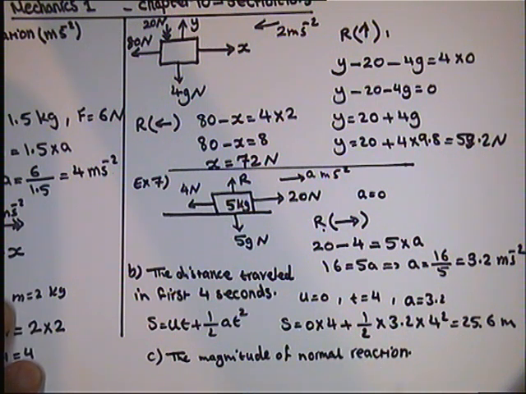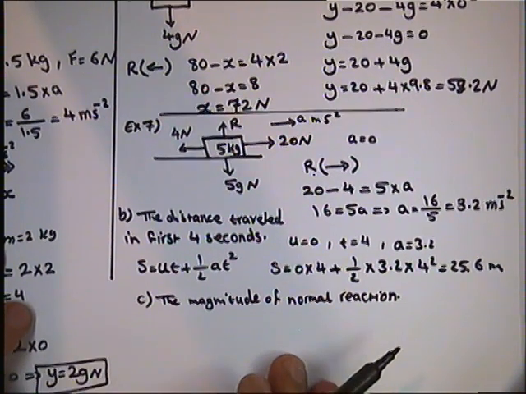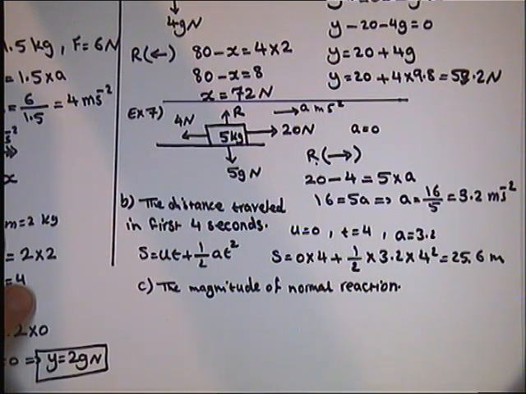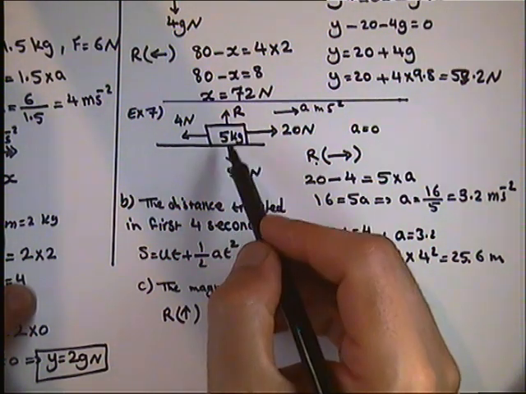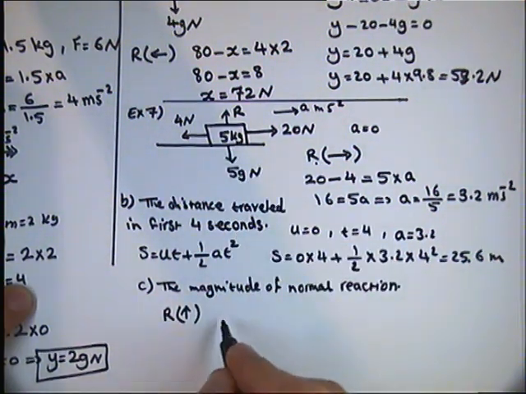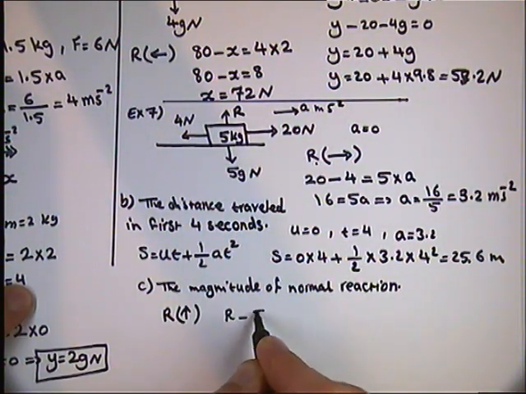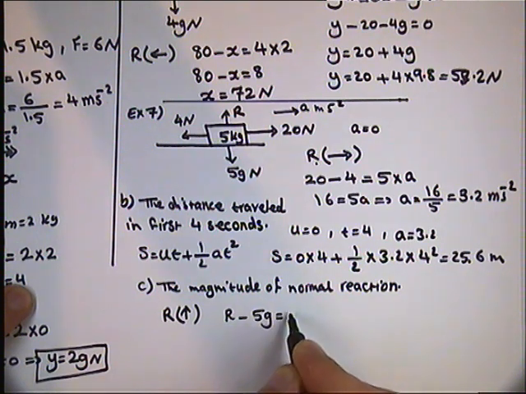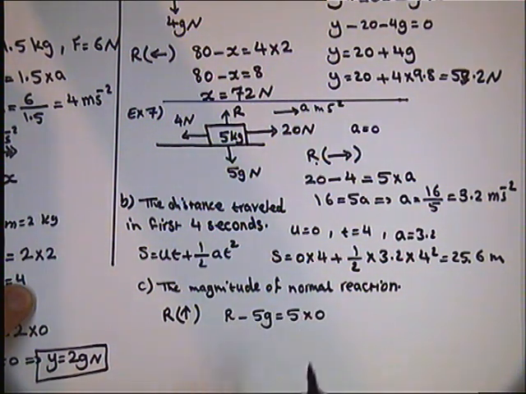The magnitude of the normal reaction. We know that the particle is not moving up or down. Therefore, the acceleration upward or downward is equal to 0. For this direction, F equals ma, where a is equal to 0. Let's say upward is positive. So R minus 5g equals mass times acceleration, which is 0.